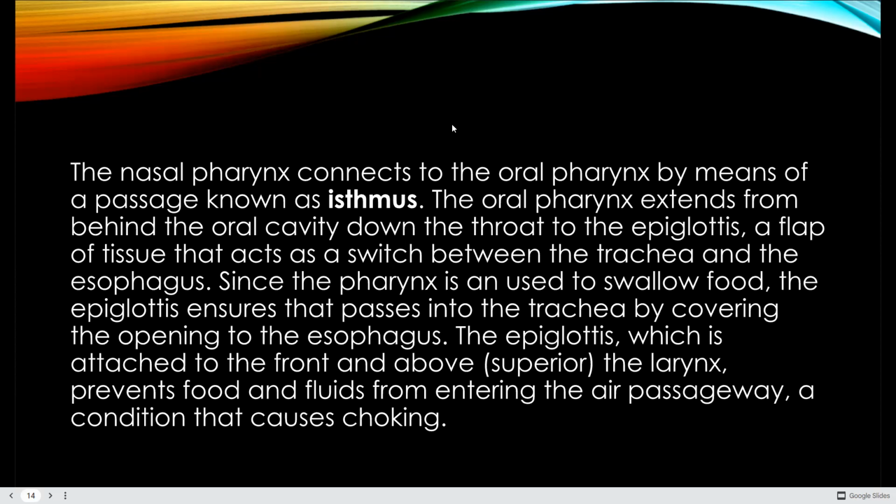This is the main reason why, when you drink water, you tend to stop breathing. Have you observed that? Why? Because the epiglottis is working on it. Since you're drinking water, it flaps going to your esophagus.